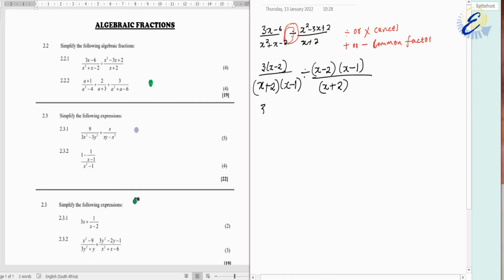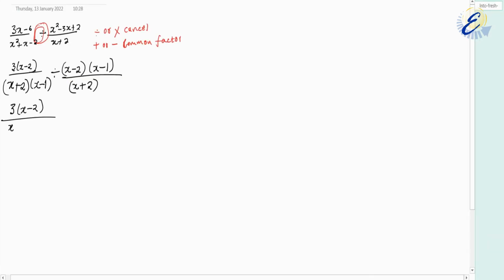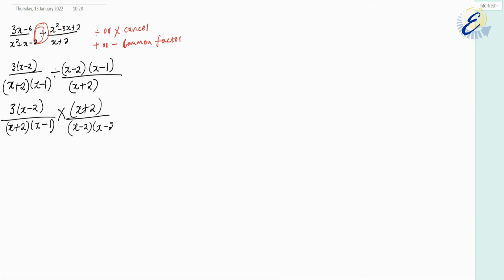It becomes 3 times x minus 2 all over x plus 2 and x minus 1, multiplied by x plus 2 all over x minus 2 and x minus 1.